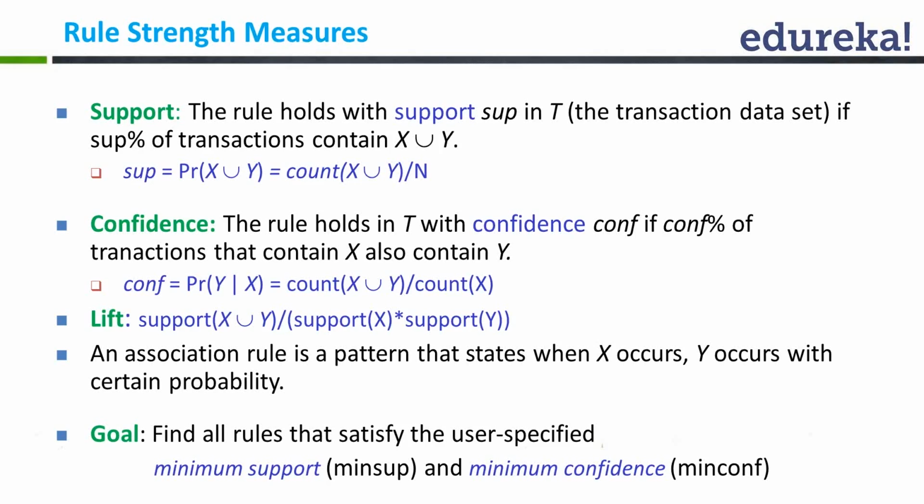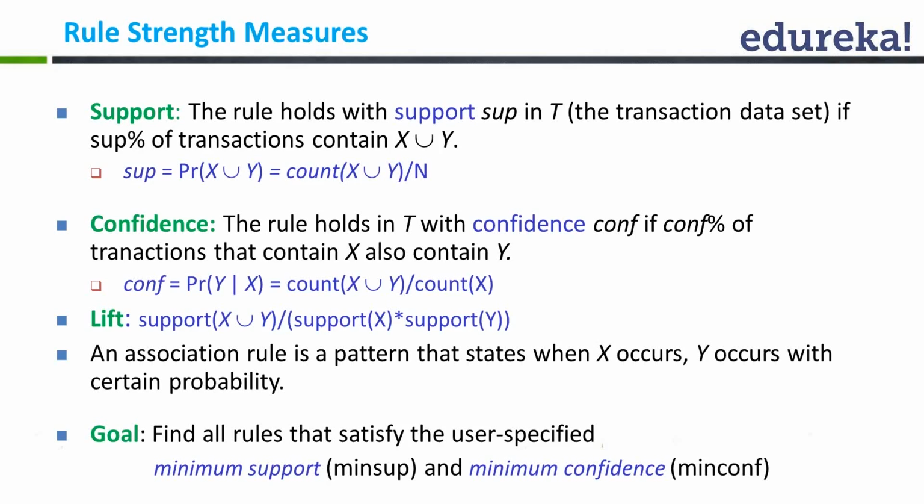There are two measures. One is called support, and the other is called confidence. Support simply says how many transactions in my data support this particular rule, that is, what percentage of transactions support the rule I'm proposing.